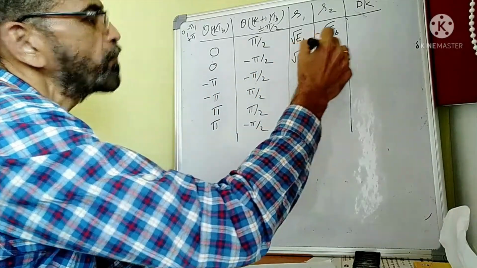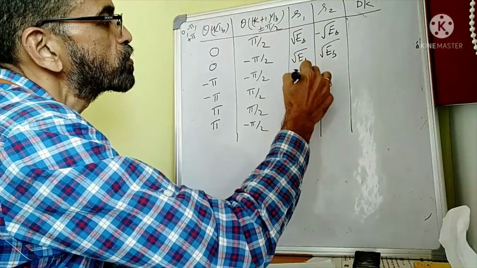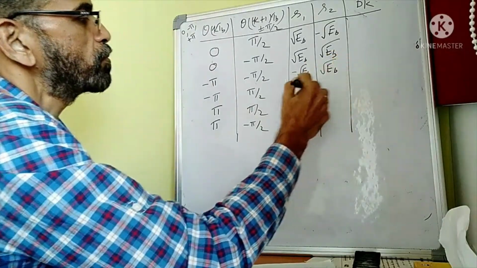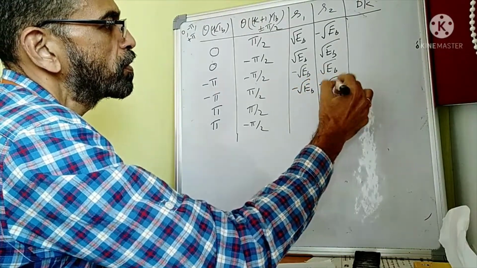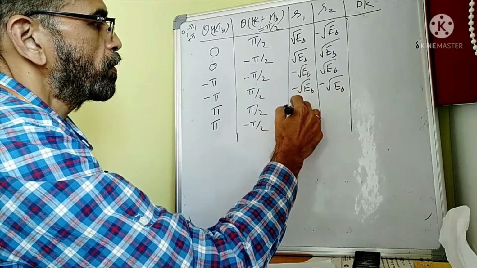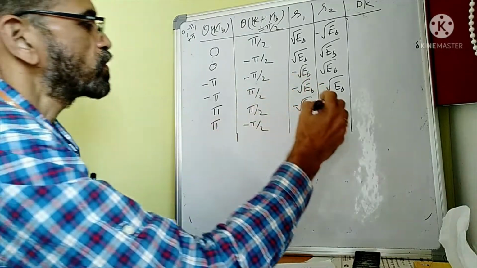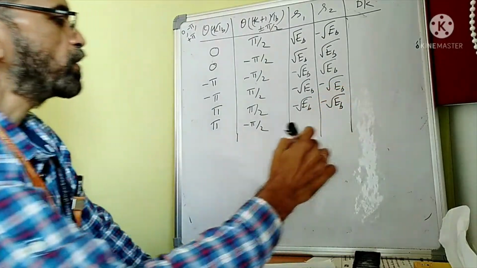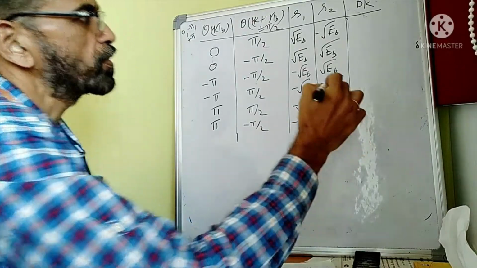Root EB, root EB; minus root EB and root EB; minus root EB, minus root EB; and minus root EB, because cos pi is minus 1 and sin pi by 2 is 1, so minus root EB, minus root EB.